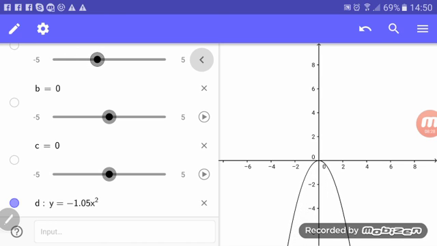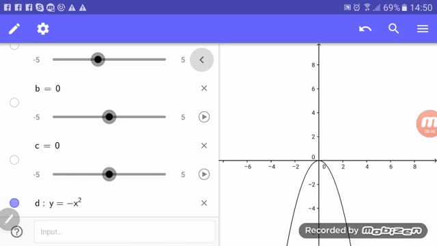Cool. So here I think we can find some generalizations. If our x squared coefficient is negative, then the graph becomes concave down.